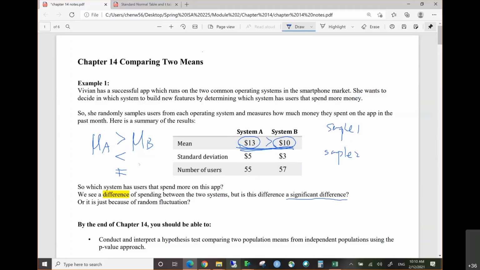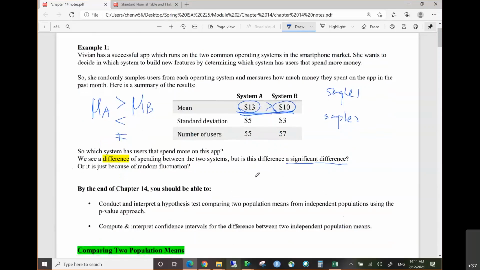That means the difference may not be big enough to say that population A is larger than population B. For example, if I randomly select another two samples, maybe I have a larger sample mean in B than the money spent by system A. We want to know whether this difference is significant or just because of random fluctuation.